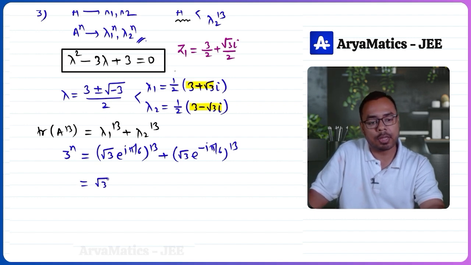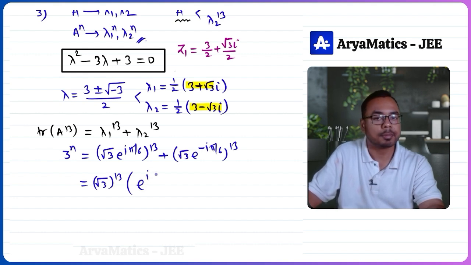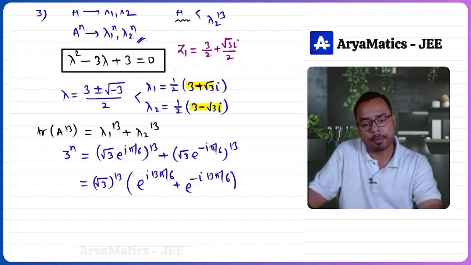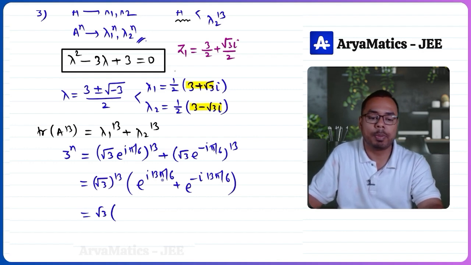Now root 3 raised to 13, with this we can take common. And then you have e iota 13 pi by 6 plus the other one, e raised to minus iota 13 pi by 6. Now 13 pi by 6 we can write as 2 pi plus pi by 6. 2 pi we can remove, leaving pi by 6. So cos pi by 6 plus iota sin pi by 6, and from here the imaginary part will cancel.